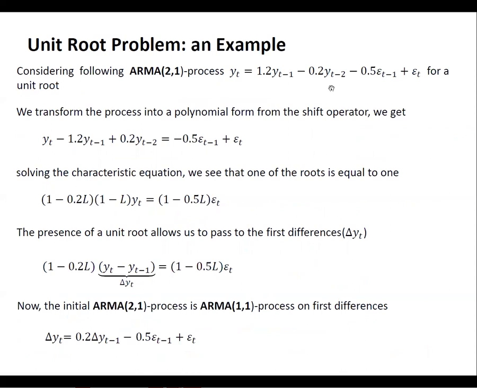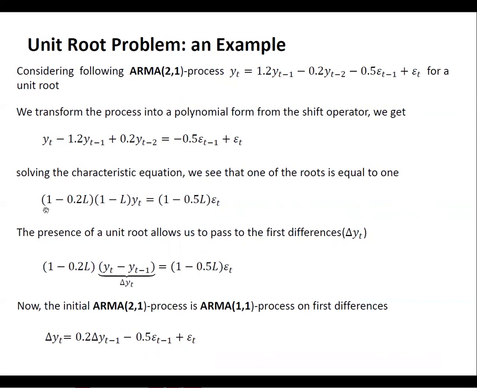Consider whether there is a unit root in this process or not. We'll transfer the autoregression parameters to the left side and represent this record as a polynomial of the shift operator. Here we have it converted, with y_t put out of brackets.